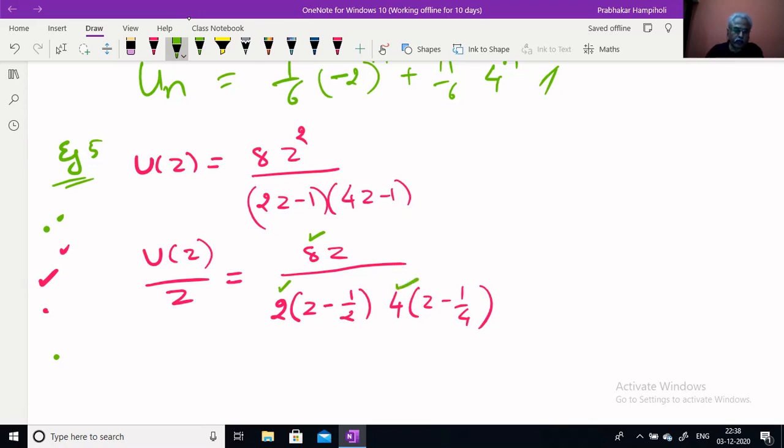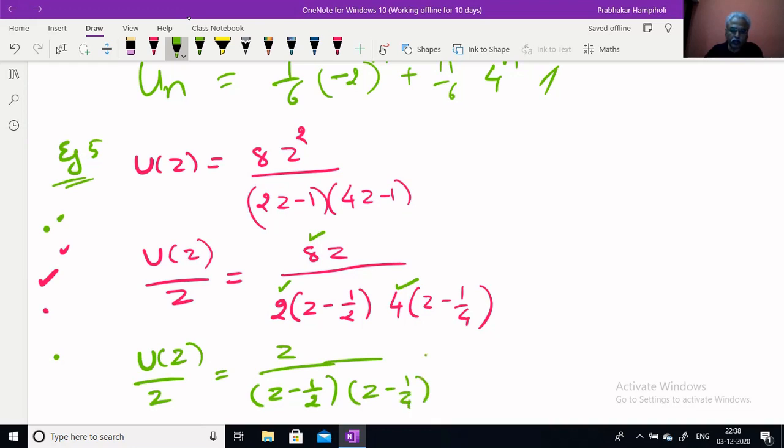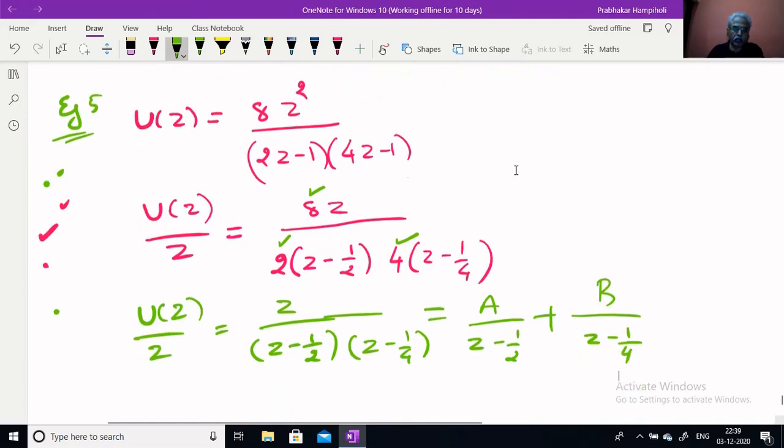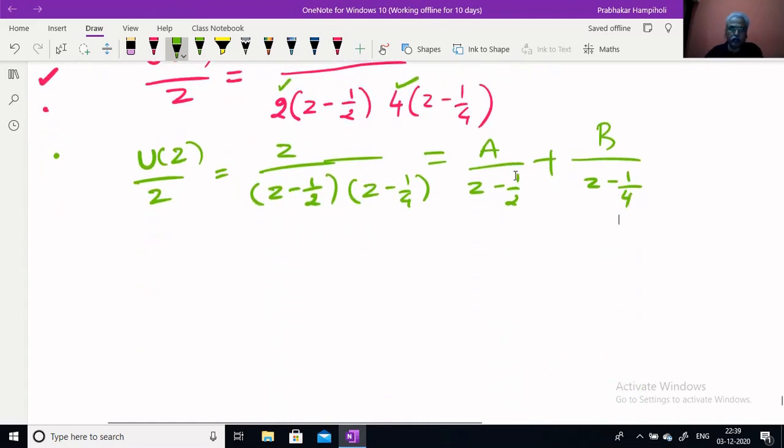So shall we write u of z by z equal to z upon first factor into z minus second factor, z minus 1 by 4. So this is naturally a by first factor plus b by second factor. Now to find a and b, whatever I told in the previous example, the same method let me apply here.